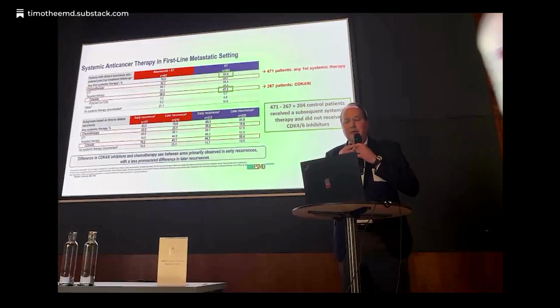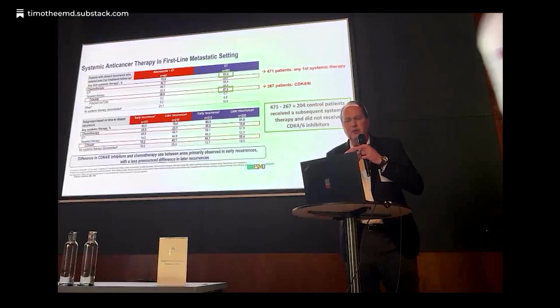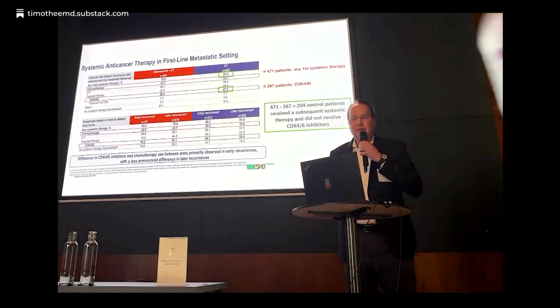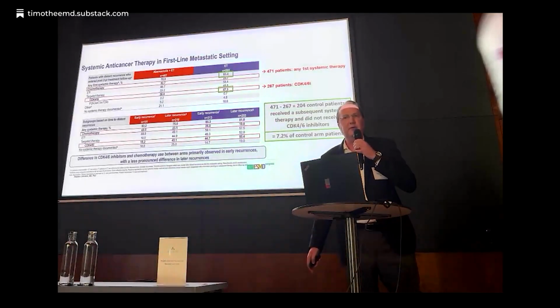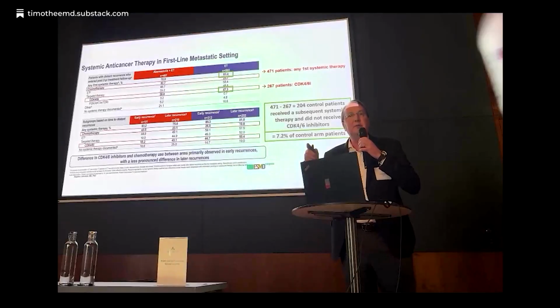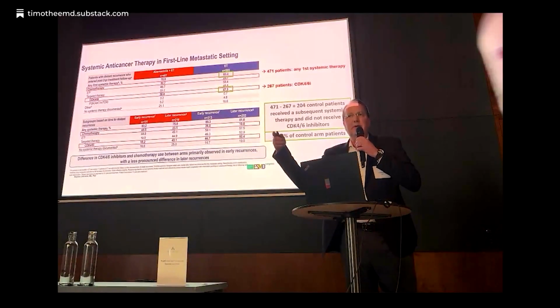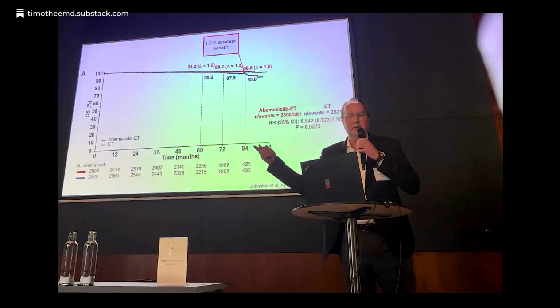So doing some calculation, you can infer that 204 control patients received a systemic therapy that was not a CDK4/6 inhibitor. So this is making 7.2% of control patients. So 7.2% of control patients received the subsequent systemic therapy that was not containing a CDK4/6 inhibitor.